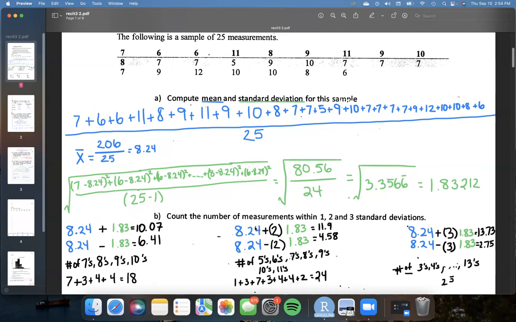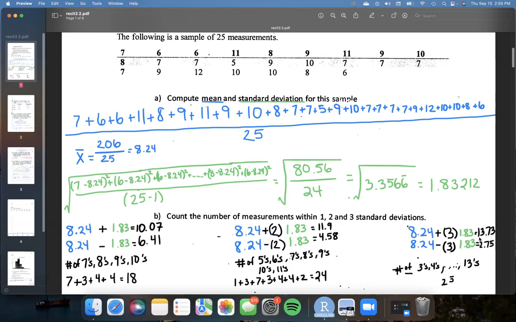And then for counting the number of measurements within 3 standard deviations, we're going to do the same thing we did before, but instead we're going to multiply our standard deviation by 3. So we'll do 8.24 plus 3 times 1.83, and 8.24, which is our mean, minus 3 times our standard deviation, which is 1.83.